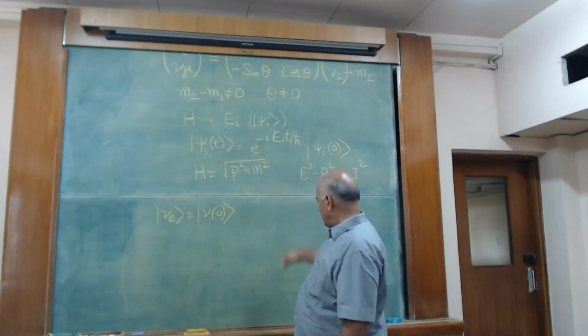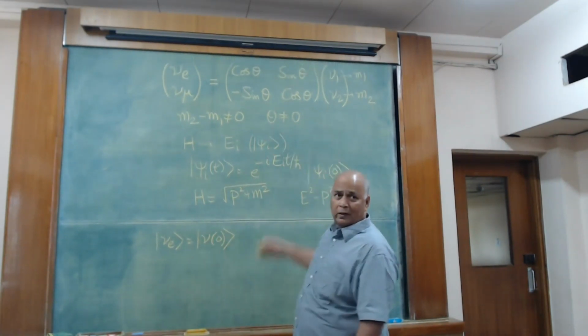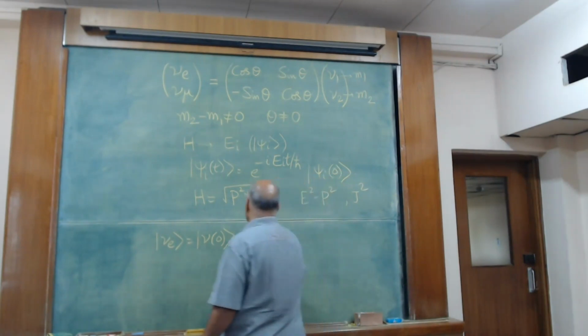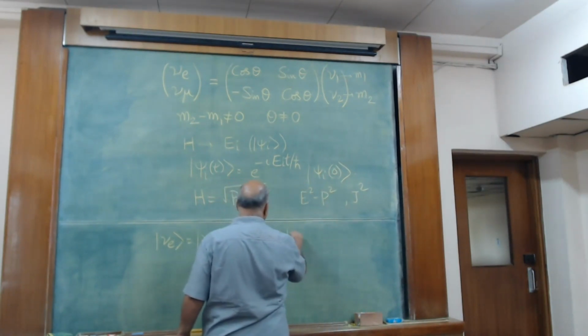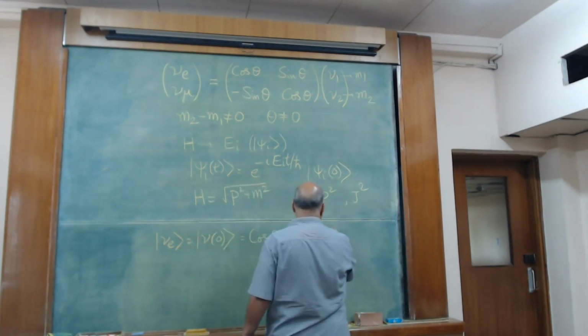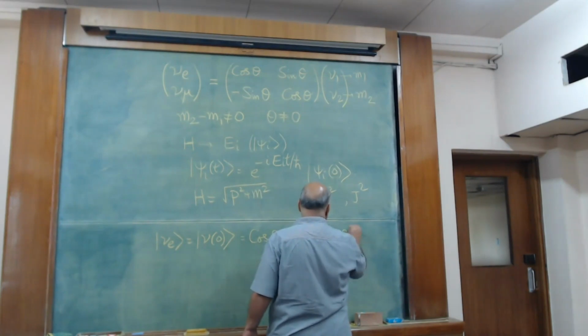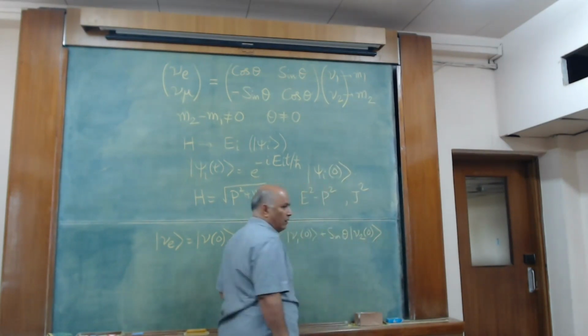And okay, by looking at that matrix equation, this is cos theta nu1 at time t equal to 0 plus sin theta nu2 at time t equal to 0.